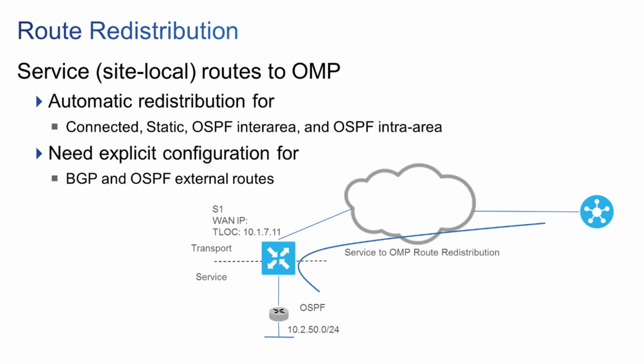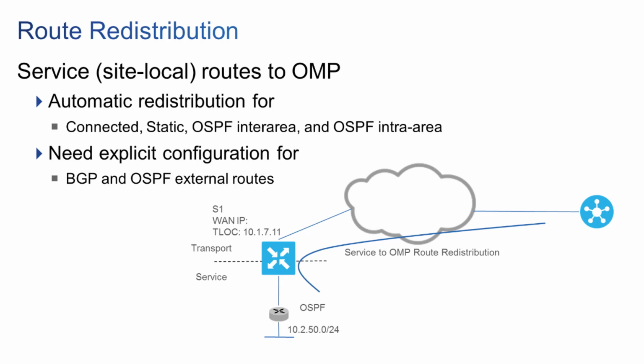So our OMP routes, our TLOC information, and our service routes, which basically identify services on the network for service chaining. That might include things like firewall feature sets, intrusion detection systems, load balancers, application-aware inspection, if you will, and so on. All right. Now, the OMP routes can be comprised of different types of site local routes.